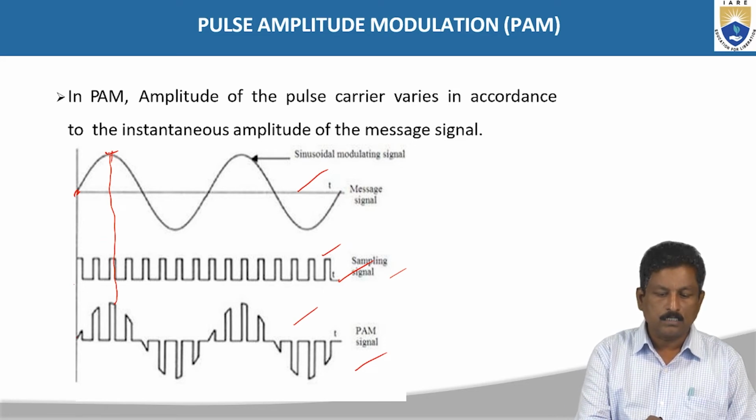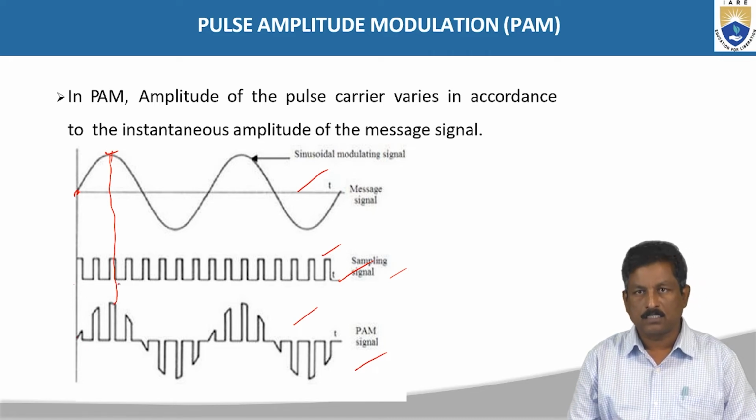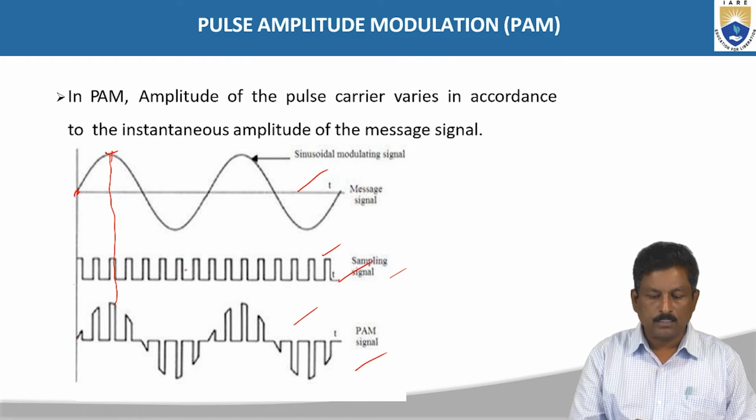At the instant with the highest magnitude, the corresponding pulse magnitude also increases. Similarly, coming to the next state, there is a lowest value, so you will get the lowest pulse.